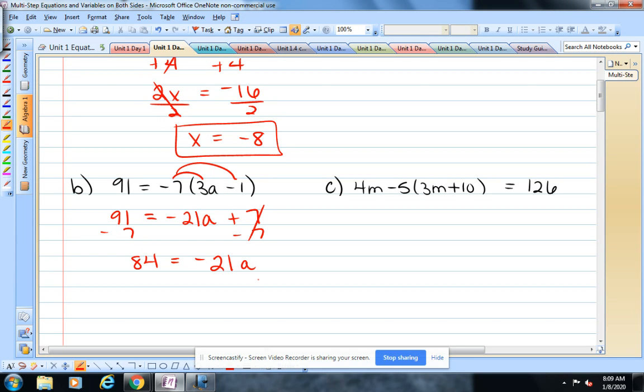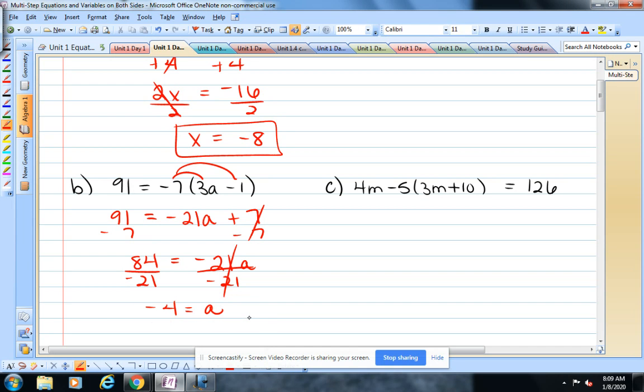Y'all don't be fussing. Okay? Some of you, the rest of y'all are waiting on somebody else to answer. All right. So now how do I get rid of my negative 21? Divide by negative 21 on both sides. Try close. Negative 4 equals A. Very good.